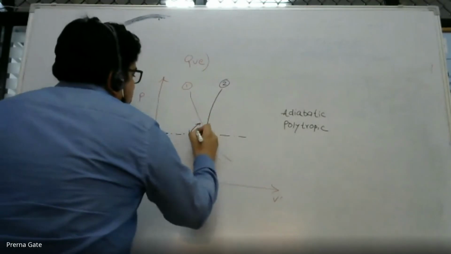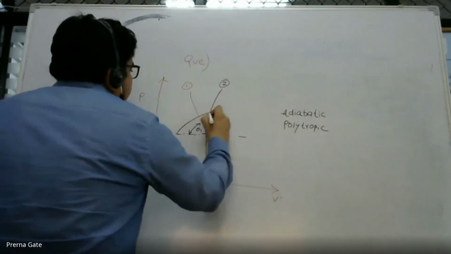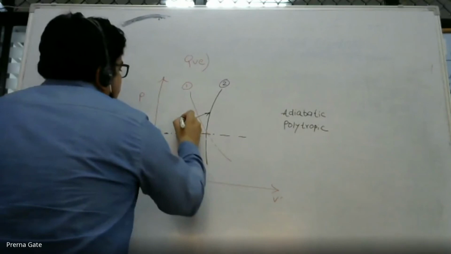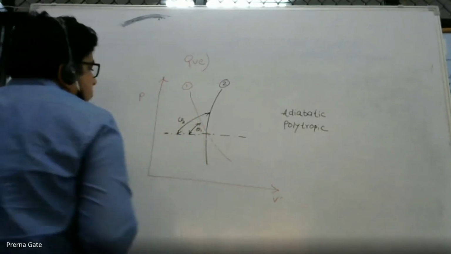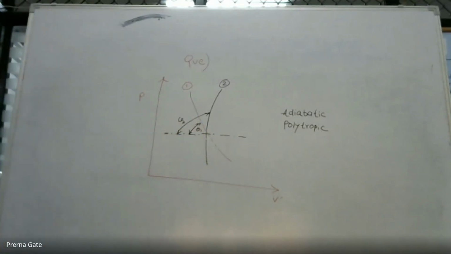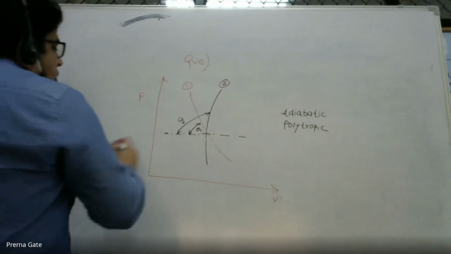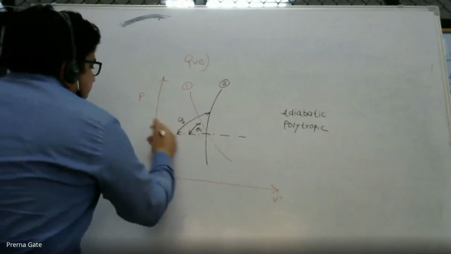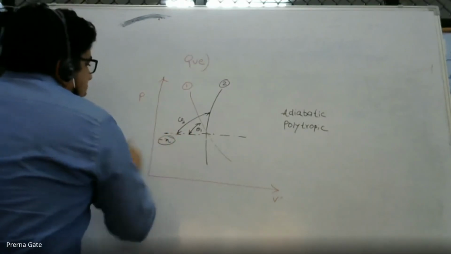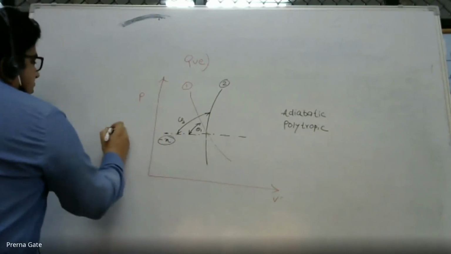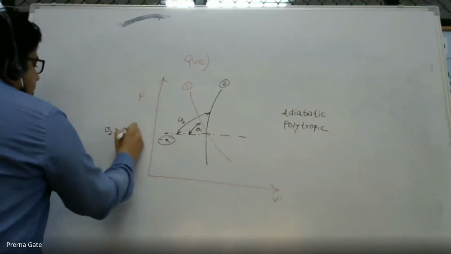Let us assume this as an angle theta 1 and this as an angle theta 2. On the negative x-axis, you can easily figure out that theta 2 is greater than theta 1.